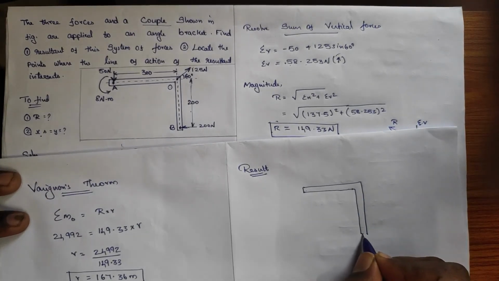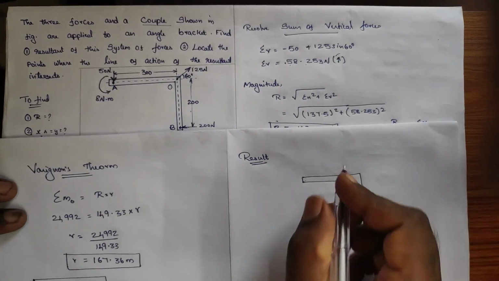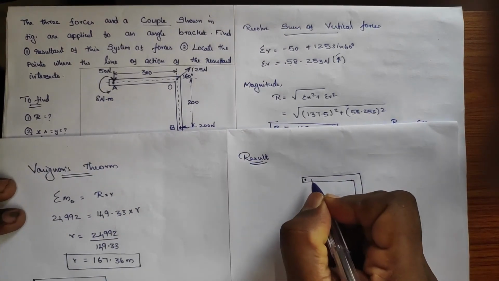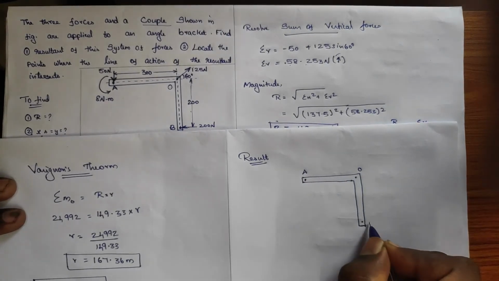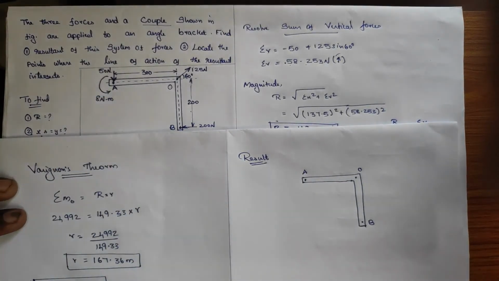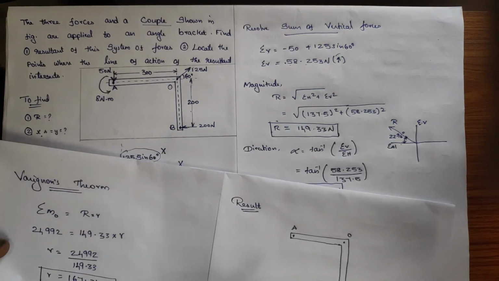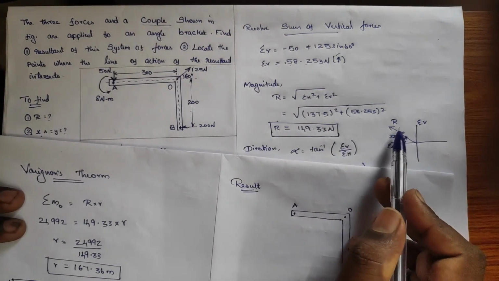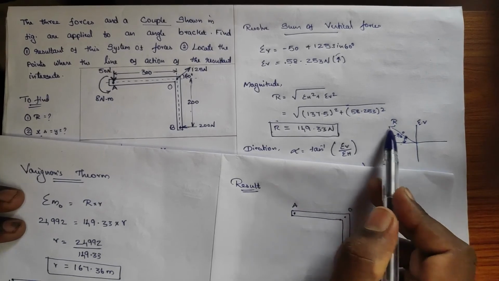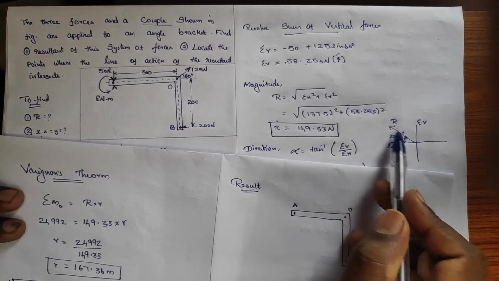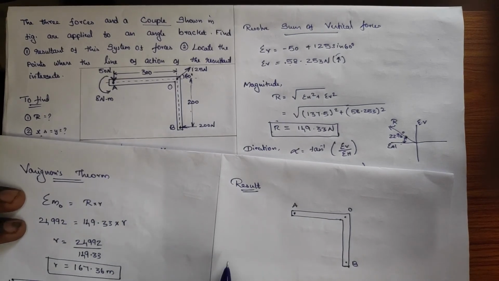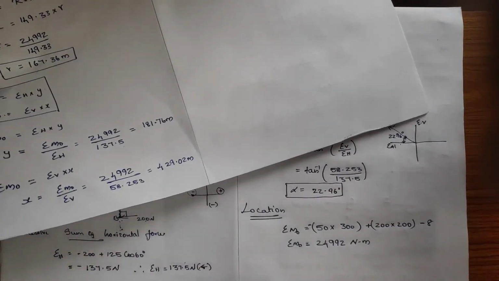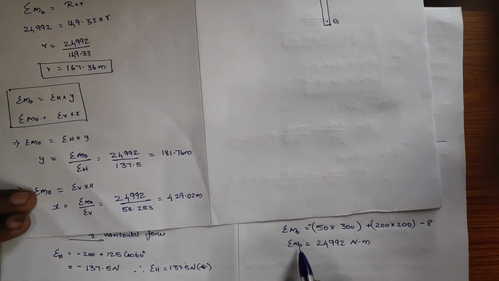This is how the bracket arrangement is: this is point A, this is O, and this is B. Here we see where the resultant will fall. The resultant force goes something like this, as we predicted. What about the moment?